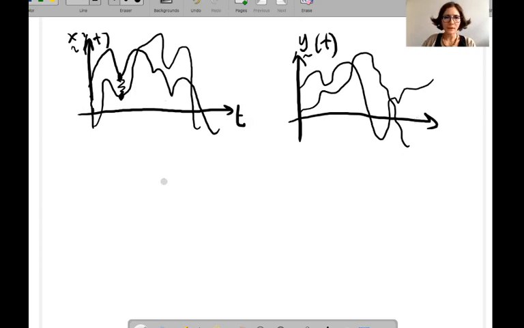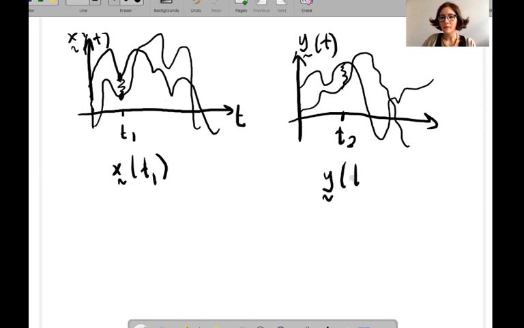Let's say that we look at the random process x of t at some time instant t1. Let's pick some t1 in here, and then let's pick some t2 in here. You can think about the random variables x of t evaluated at some t1, so you have this random variable x tilde of t1, and then you might have some y tilde of t2.